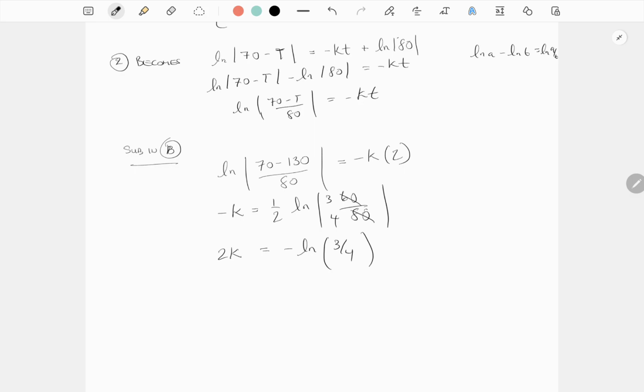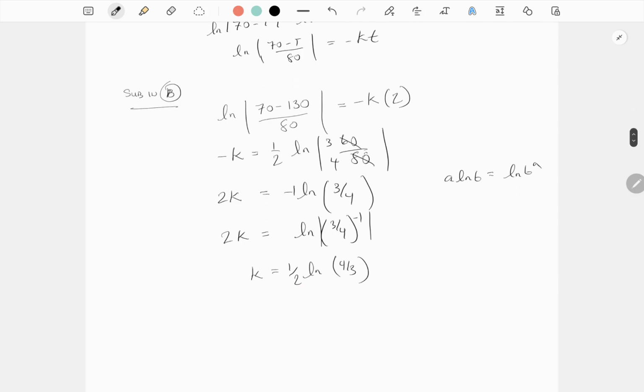Since a ln b is ln of b to the a, 2k is equal to ln of 3 over 4 to the negative 1, which is just 4 over 3. That means k is 1/2 ln 4 over 3.